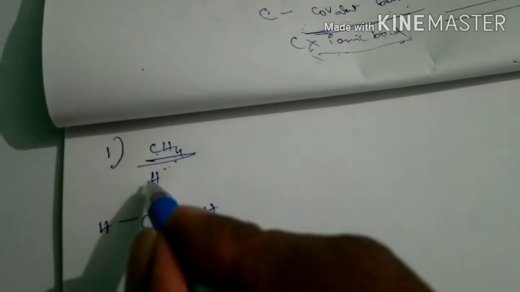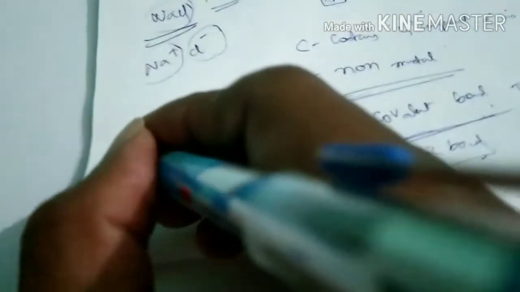C, H, H, H, H. Because in all these cases, in this structure, if you see, hydrogen forms how many bonds? Each hydrogen forms only one bond, because the reason for this is, hydrogen, its atomic number how much? 1.